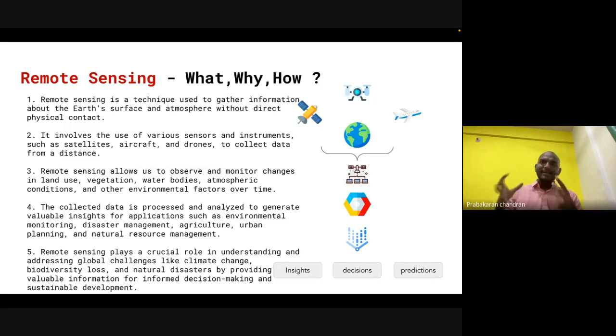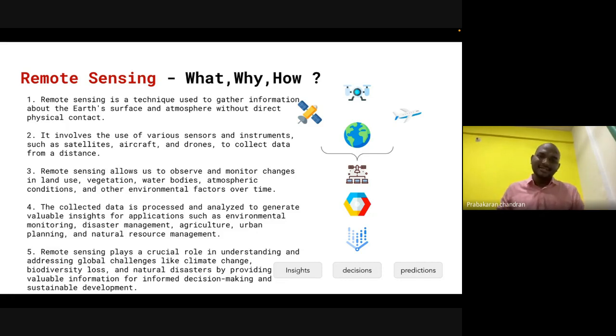We cannot spend on physical sensors or physical instruments, so that our field executives can go there and check every nook and corner and collect the information and load it to our cloud or some data collection endpoints. This would be a very tedious task.